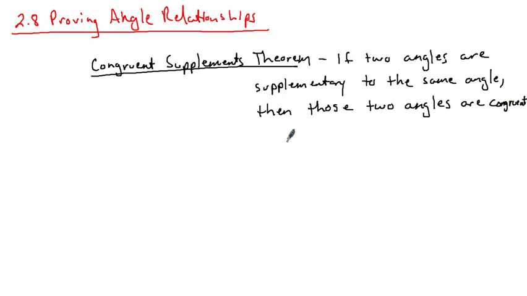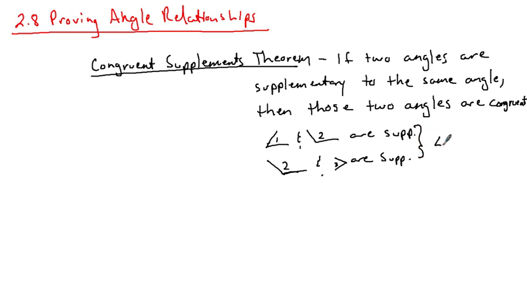Okay, and let me give you a little picture of what that looks like. Let's see, we have an angle 1 and an angle 2. And we said that angle 1 and angle 2 are supplementary. And we have, let's say, the same angle 2 and angle 3 are supplementary.